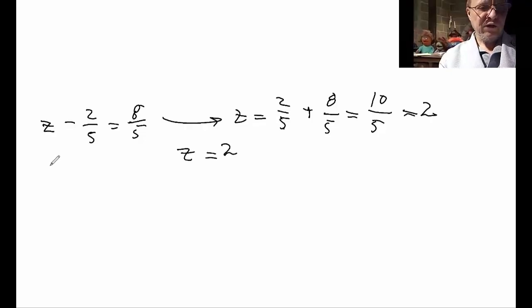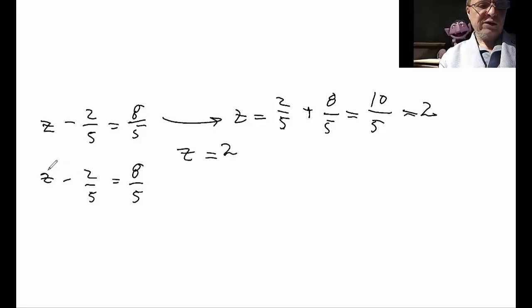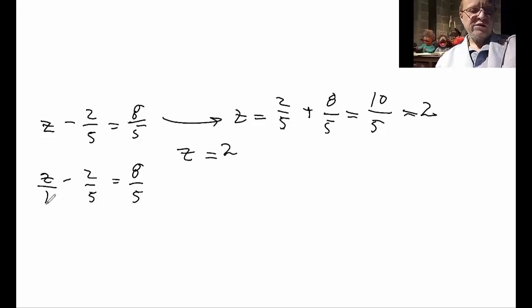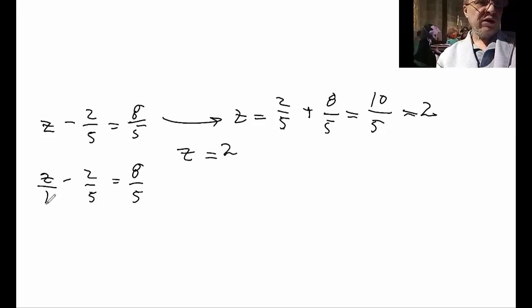We have z minus 2 over 5 is equal to 8 over 5. Well, z is really over 1. So that means we can look at all these denominators and look for the lowest common denominator and use that to get rid of the fraction.